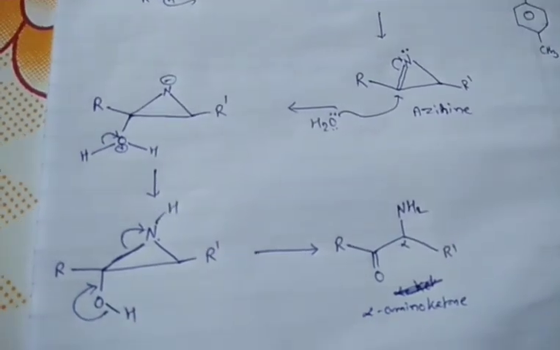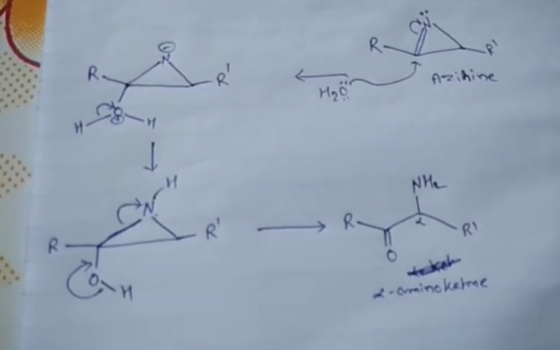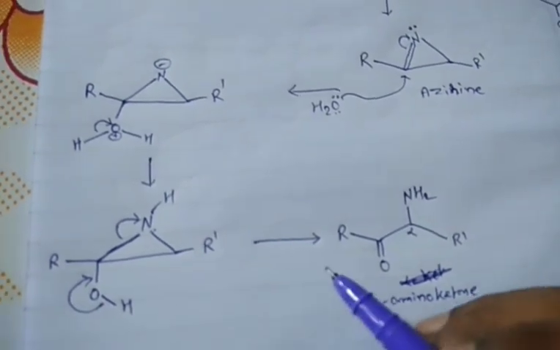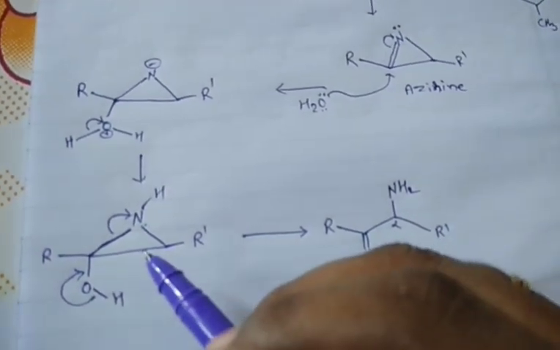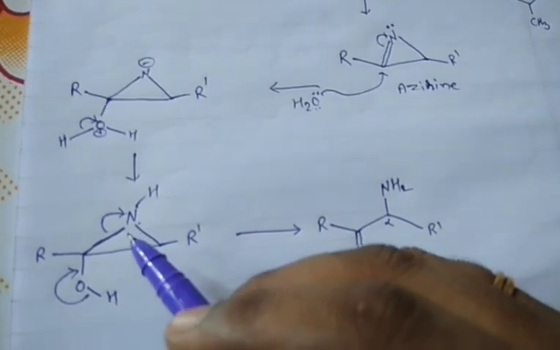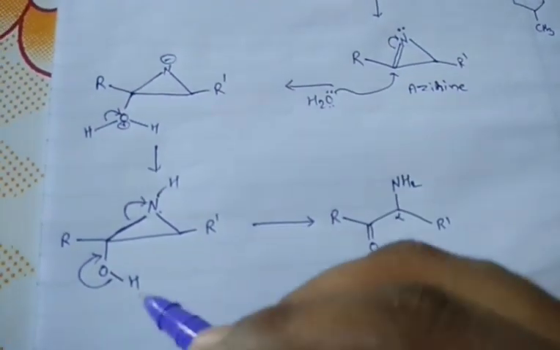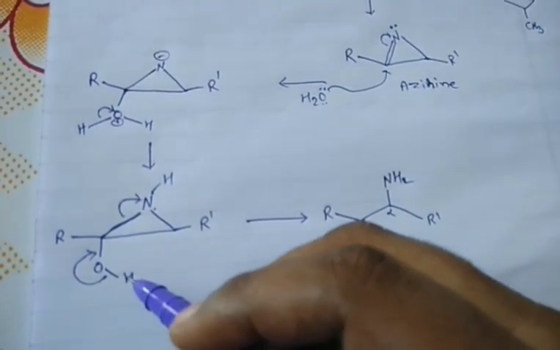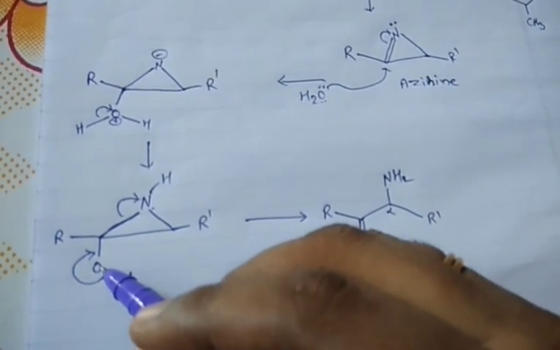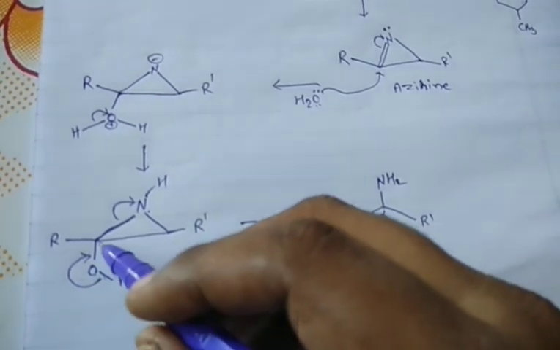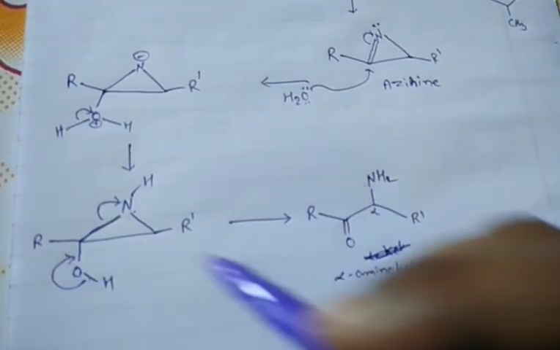Now this three-membered ring is very unstable, and the breakage of this ring, or you can say the opening of the ring, takes place. Now the bonded pair of electrons between oxygen and hydrogen will migrate to carbon and oxygen and form the double bond.